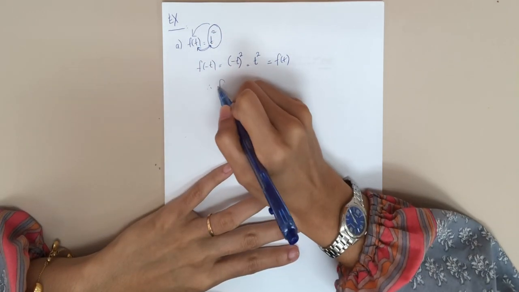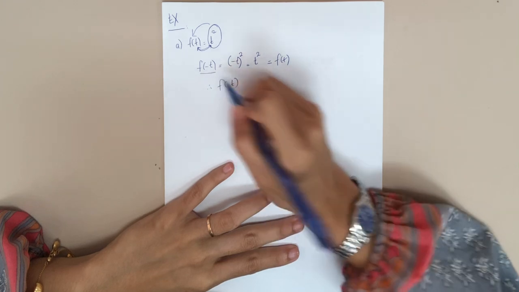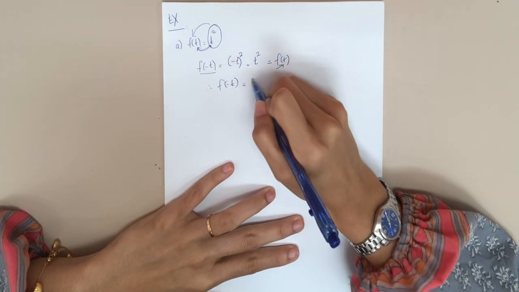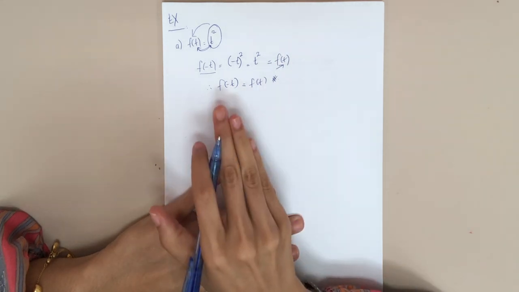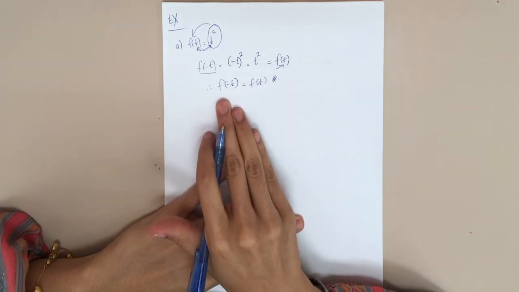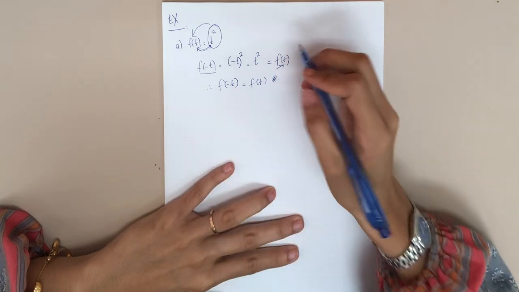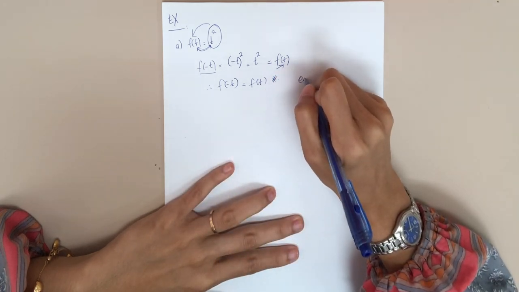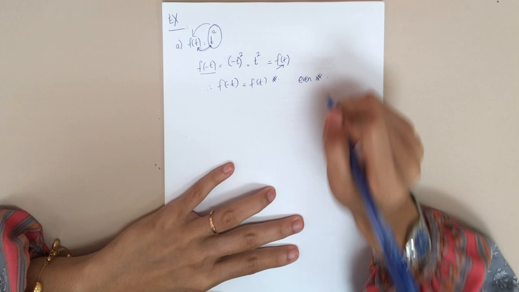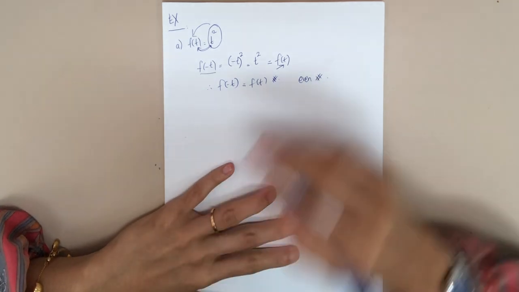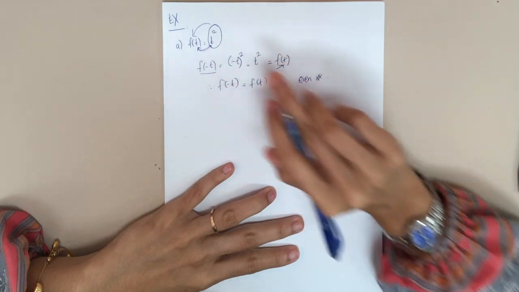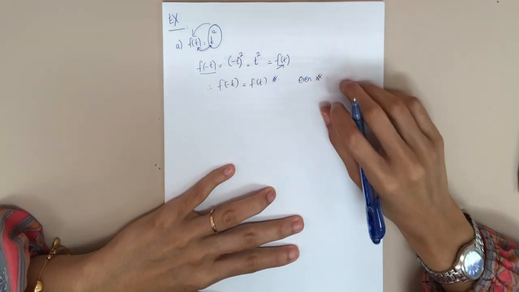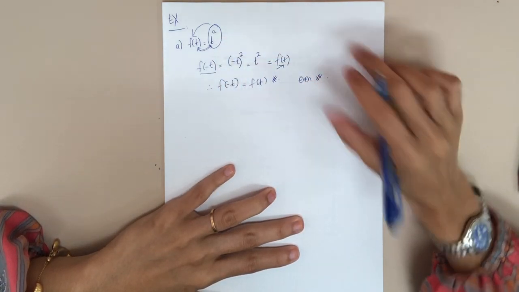Therefore, f(-t) is equal to f(t). So if you get this equation, f(-t) equal to positive f(t), therefore this is an even function. Okay, therefore f(t) equal to t square is an even function. So this is by using equation.